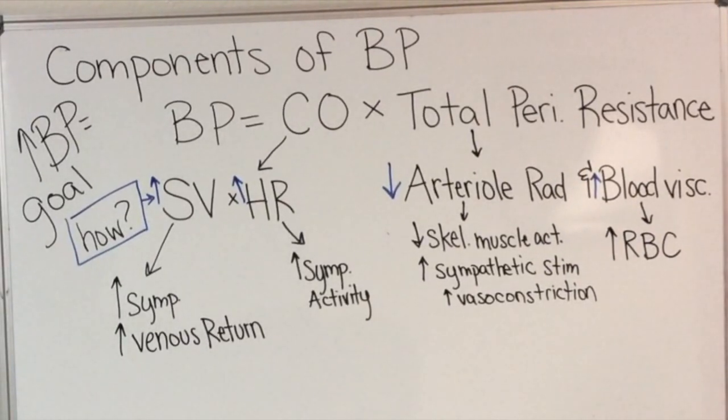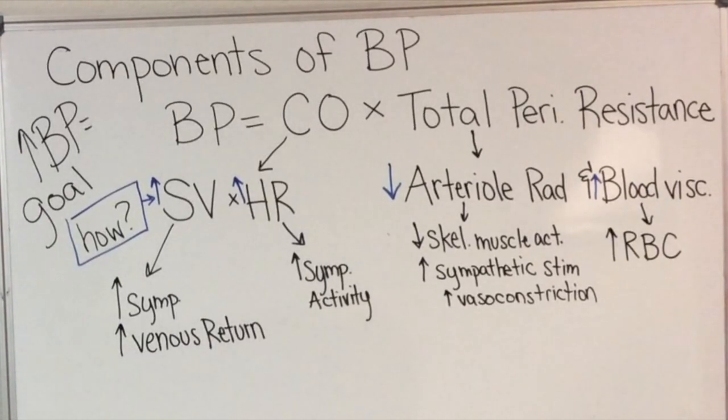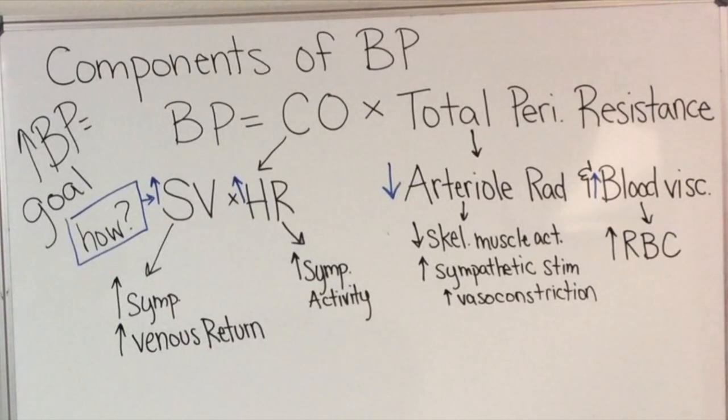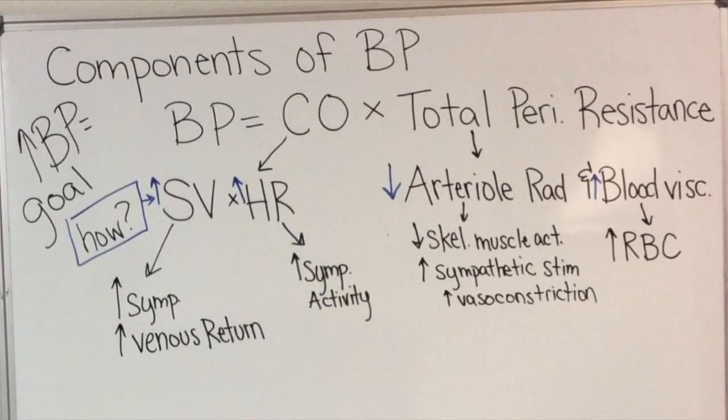We could increase venous return, which would increase stroke volume. We could decrease muscle activity, which would result in vasoconstriction to local muscles, or we could increase systemic sympathetic stimulation to all arterioles, which would increase vasoconstriction.